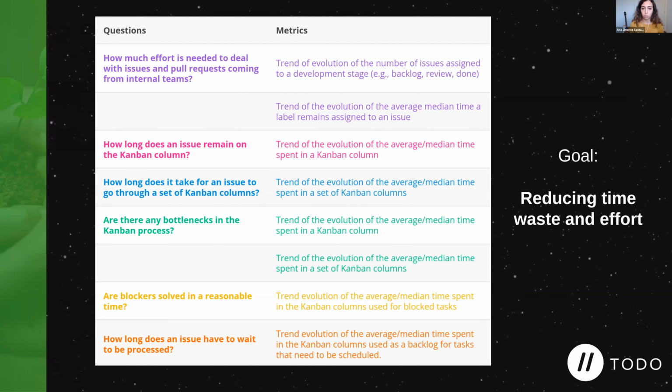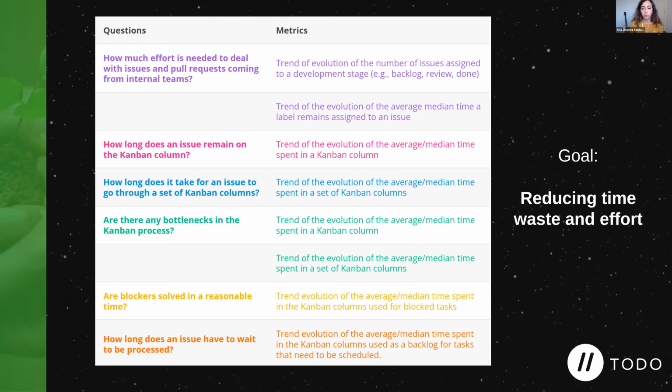The metric to measure that can be the trend evolution of the number of issues assigned to a development stage, so in backlog, in review, in done, and so on. Or the trend evolution of the average or median time that a label in the Kanban remains assigned to an issue.